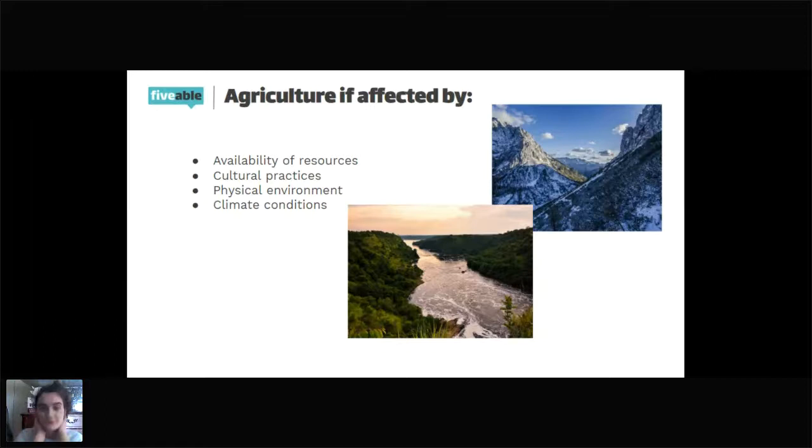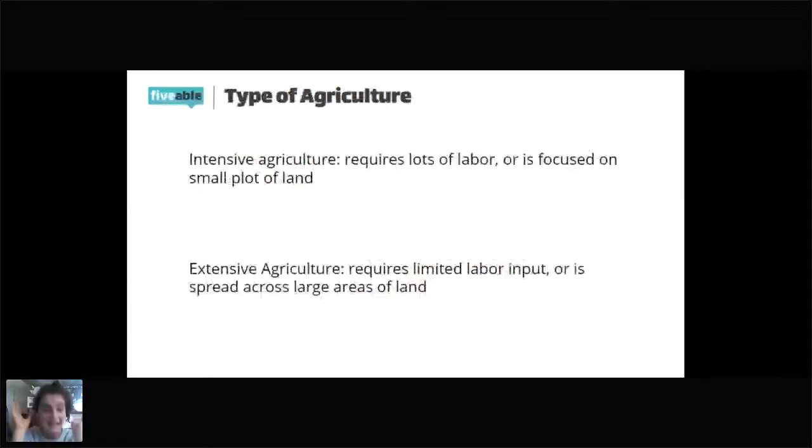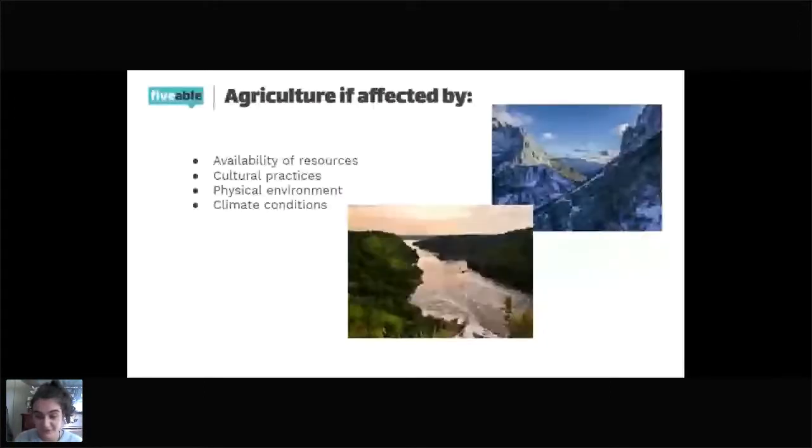Okay, type of agriculture. The two categories agriculture falls into are intensive agriculture and extensive. Without reading this, tell me what's the difference between intensive and extensive. Do you guys know? You can type a very short answer. Intensive equals labor.